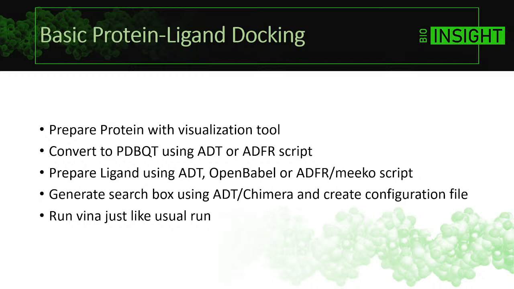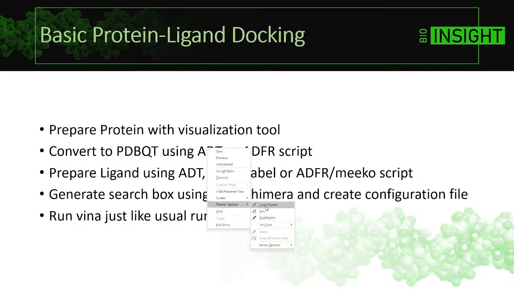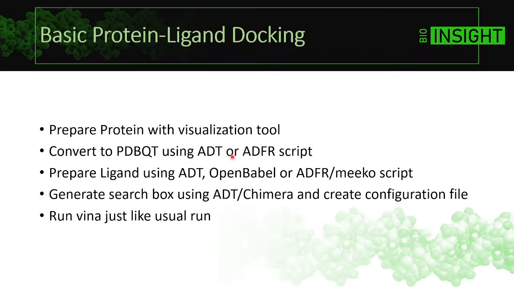So it's very important to check for missing atoms of all the amino acids. One simple way is to use a tool called AutoDock Tools, which has an option to fix the missing atoms from your amino acids. So you don't have to worry much about those.